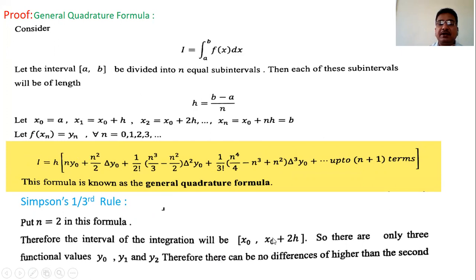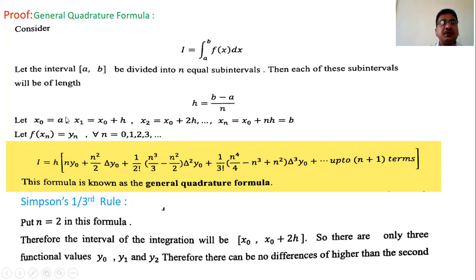That is, take the integration on the first two intervals. What are the endpoints of the first two intervals? x0 means a, then x0 plus h means x1, and then x2 is x0 plus 2h. So by taking the first two intervals, the endpoints are 3: this is 1, this is 2, and this is 3.